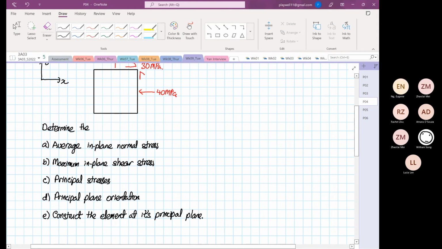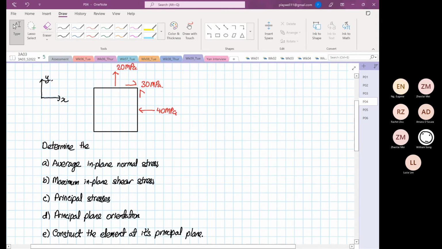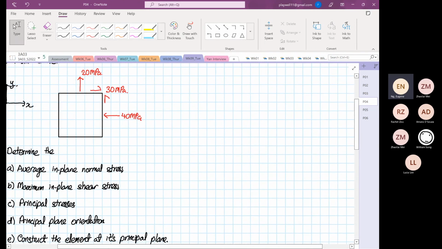Okay, right. So if you look at the stresses, I know all of you are familiar with normal stress. So we know that stress X is equal to minus 40 megapascal. Stress Y is equal to positive 20 megapascal, right?